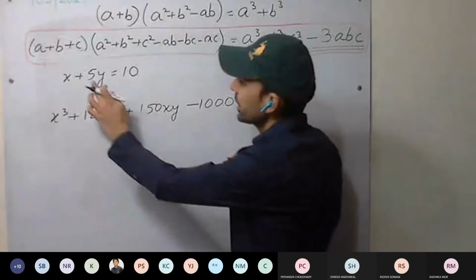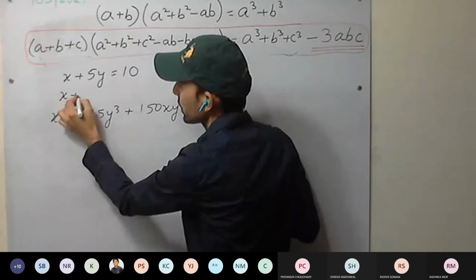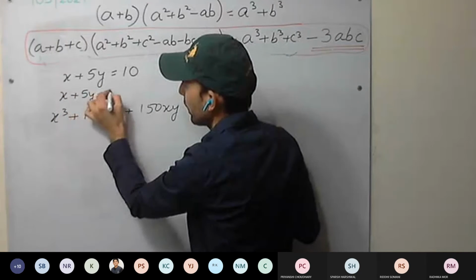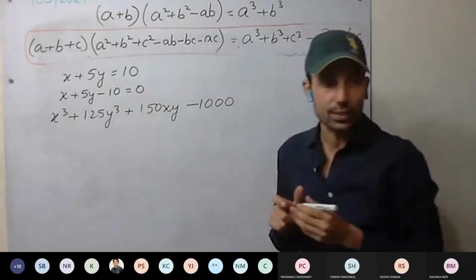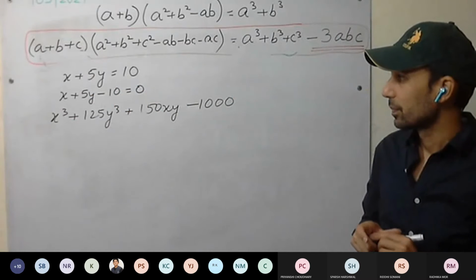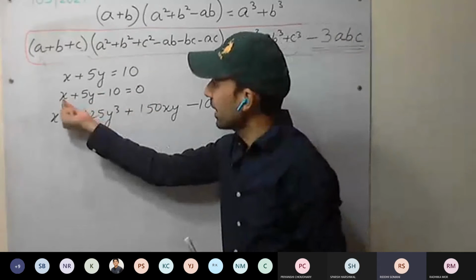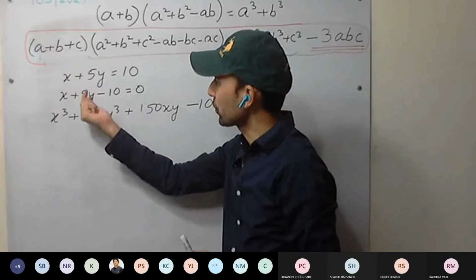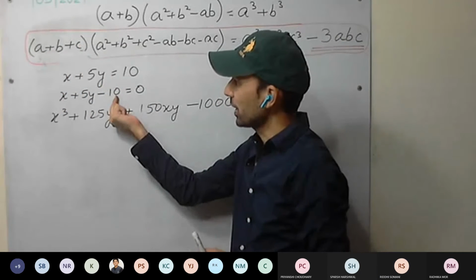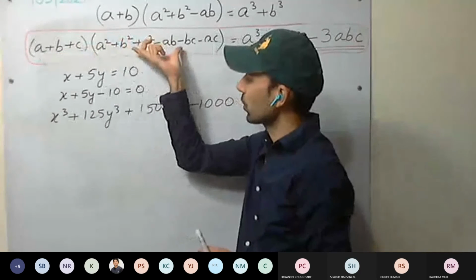So I can rewrite it as x plus 5y minus 10 equal to 0. Yes or no? Yes, sir. See here, a equal to x, b equal to 5y, c equal to minus 10. It means this whole thing will be 0.